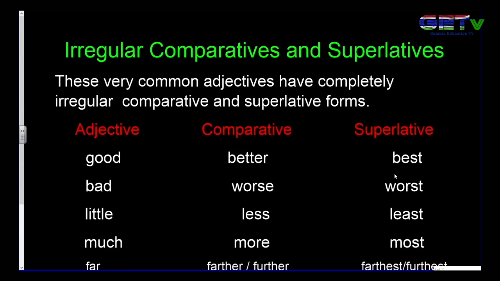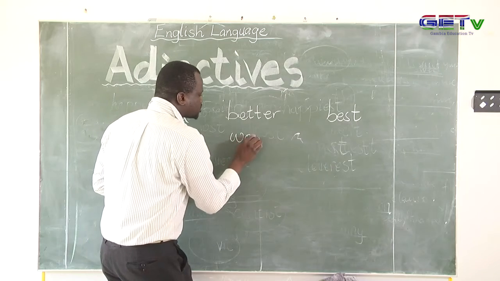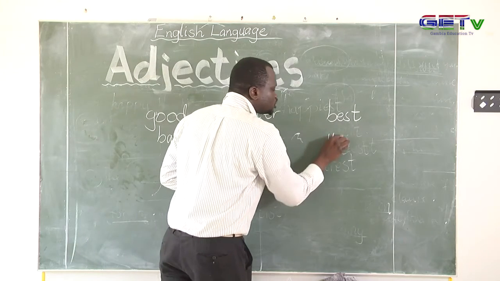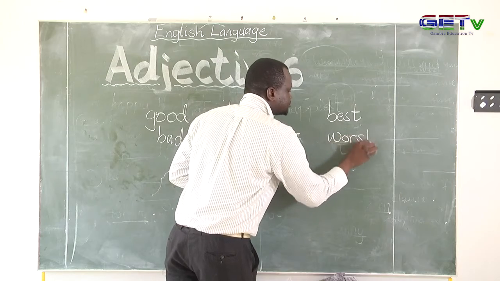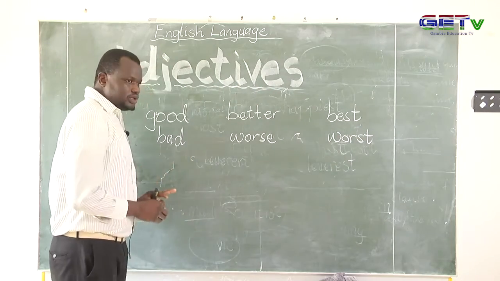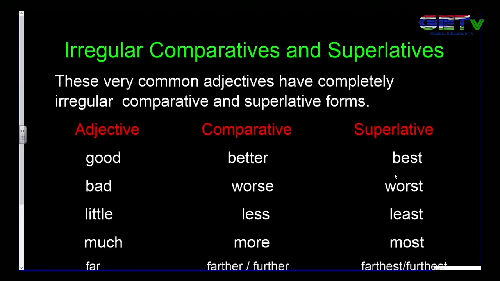Next one is what? Bad. We don't say badder, baddest. It's different. It's completely irregular. So bad, worse, and worst. Little, less, least.